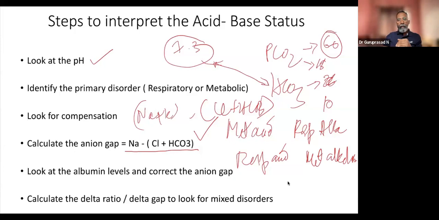If you go without the albumin correction, there may be a wrong interpretation of the disease. So if albumin is given, you should always calculate the albumin correction, which I'll show in a later slide. Then we do either a delta ratio or the delta gap to look for mixed disorders.